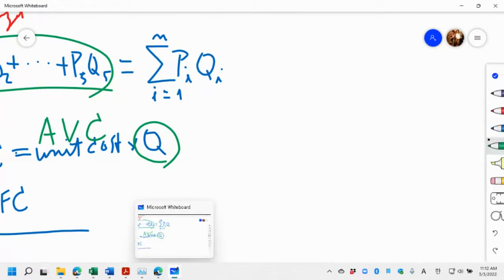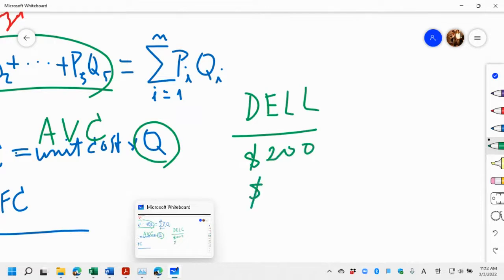For Dell, this is 200 direct cost, 100 indirect cost, and then they have to add their own profit margin. Dell's profit margin, right? I would say margin.